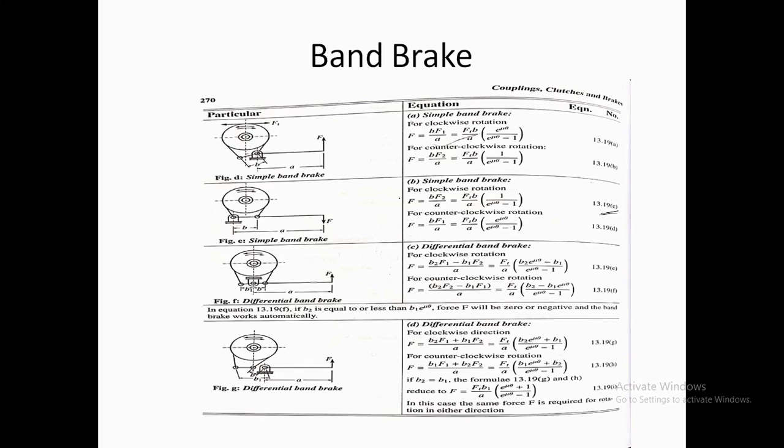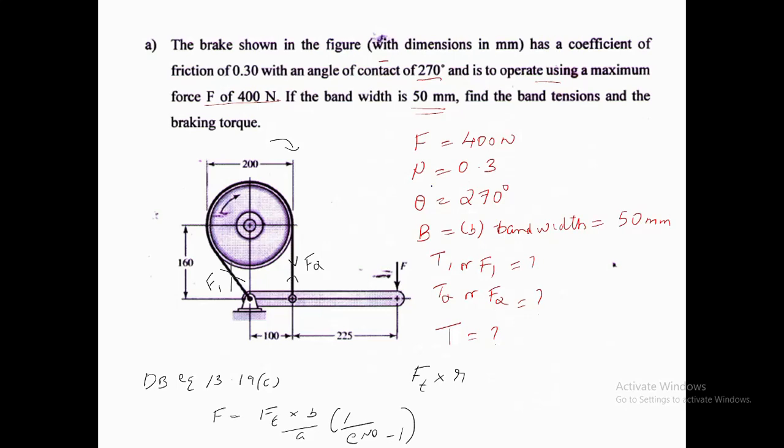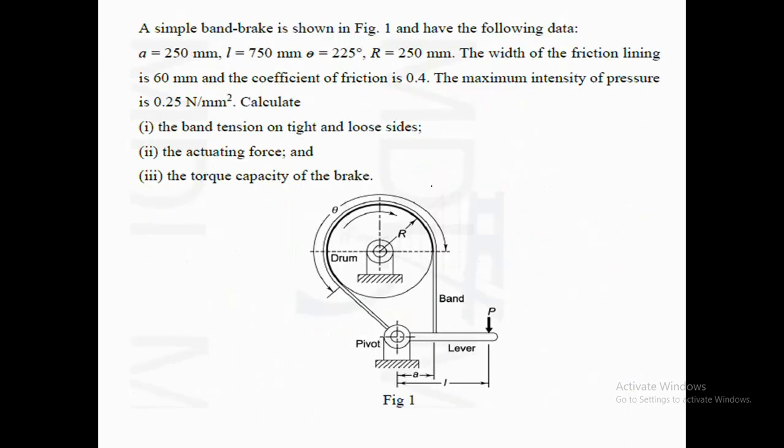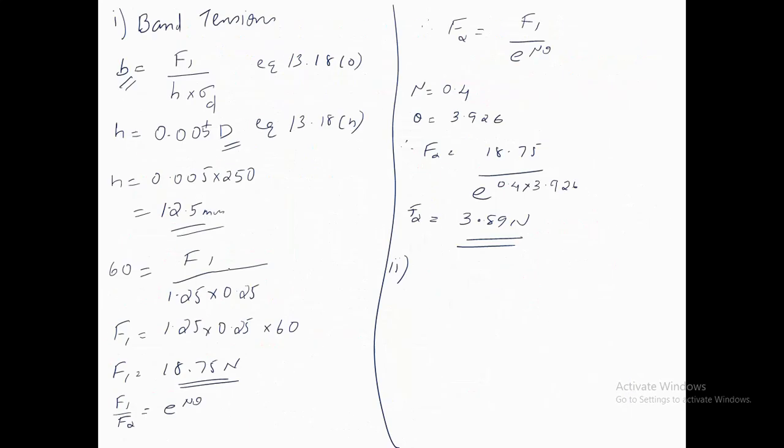F is equal to B into F2 by A, where A is equal to 750 and B is equal to 250. F2 we have already calculated. Therefore, actuating force F is equal to B into F2 divided by A.